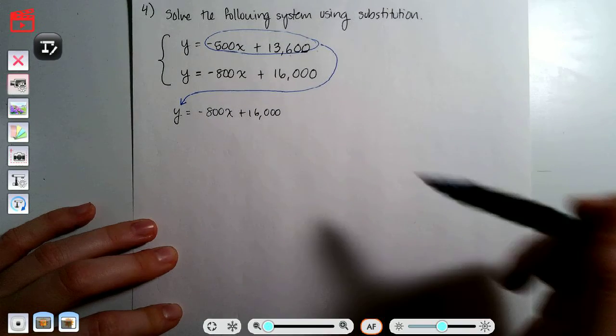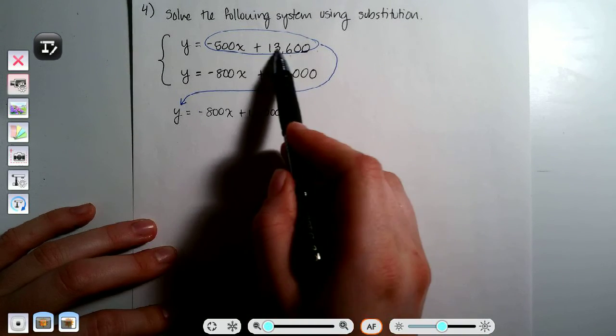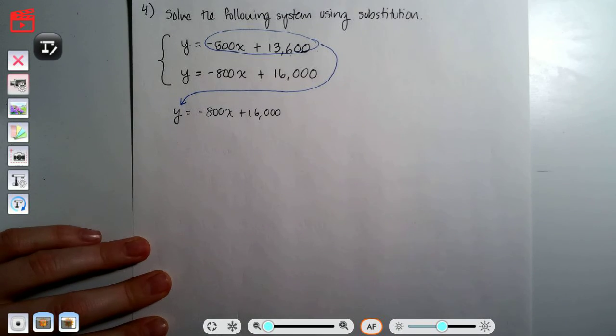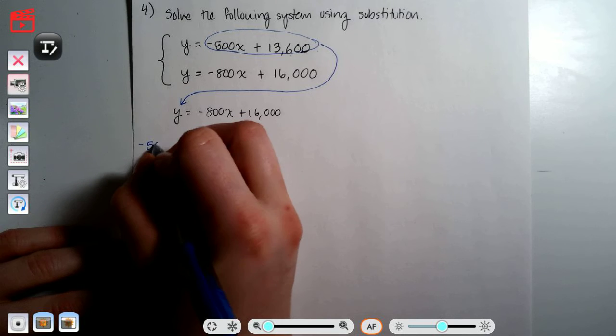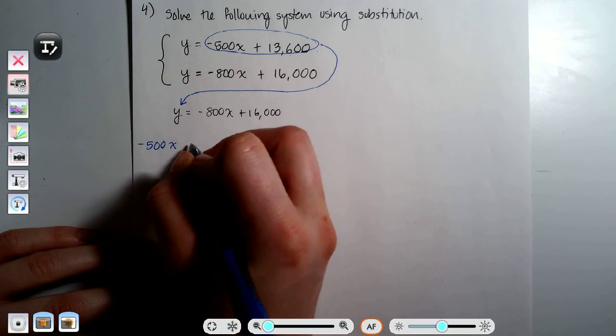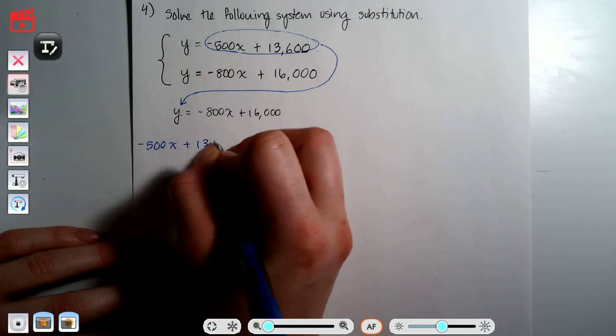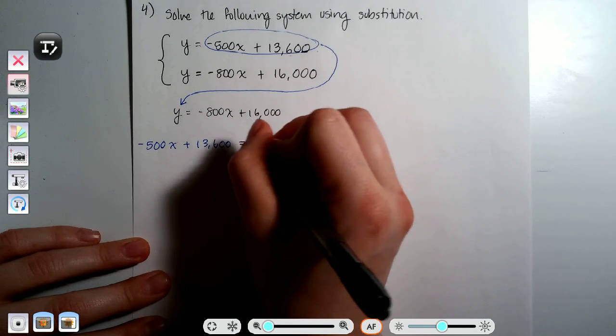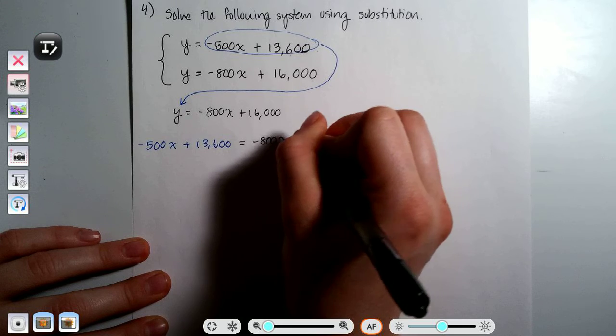And remember, we can do this because y equals that amount. Okay, so we'll substitute that in. So I'm going to need to move my equal sign over. Negative 500x plus 13,600 equals negative 800x plus 16,000.